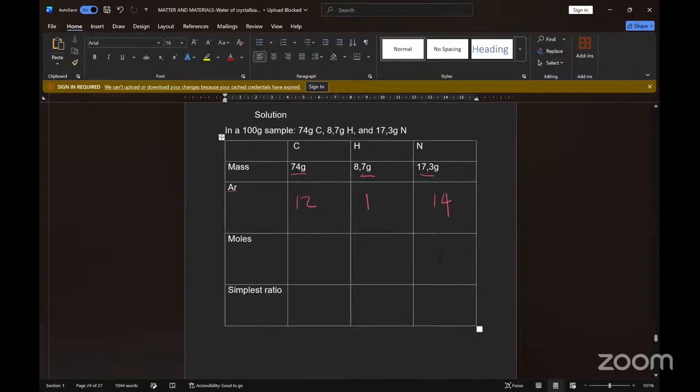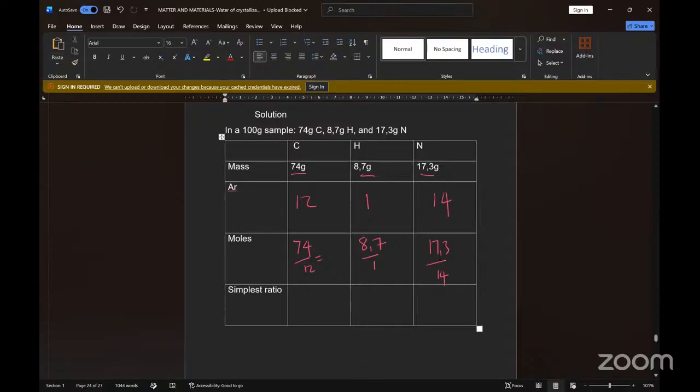Okay, so we calculate the number of moles, which is mass over molar mass. This is going to be 74 divided by 12, this is going to be 8.7 divided by 1, and this is going to be 17.3 divided by 14.